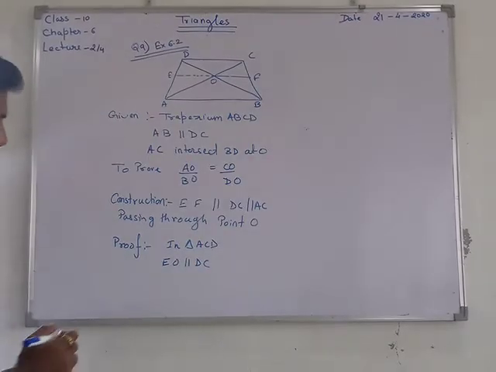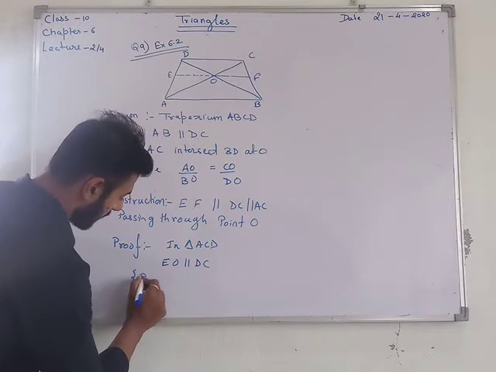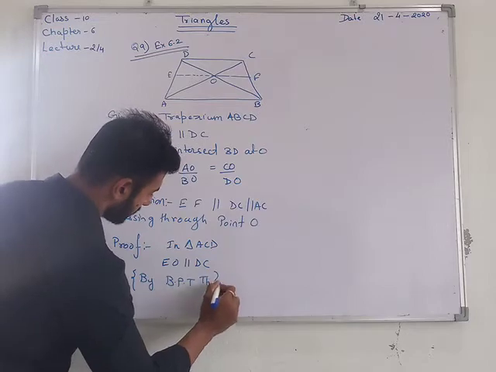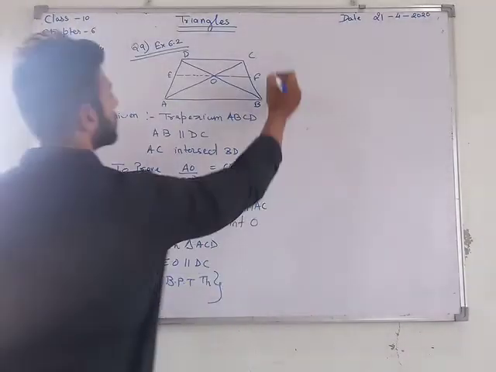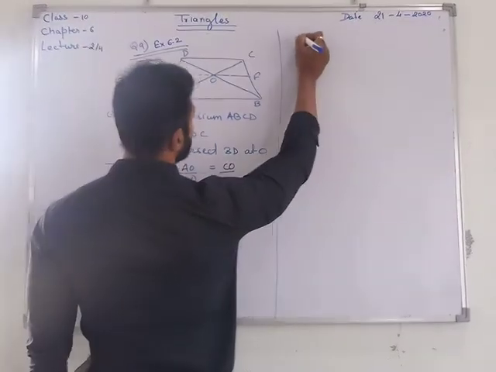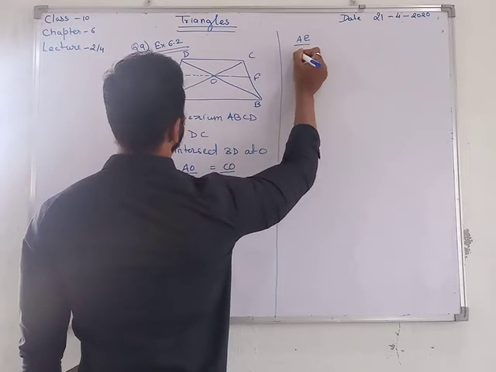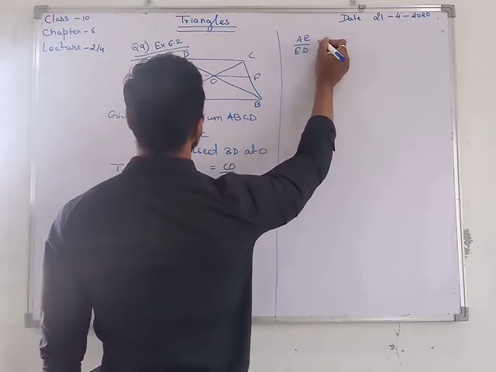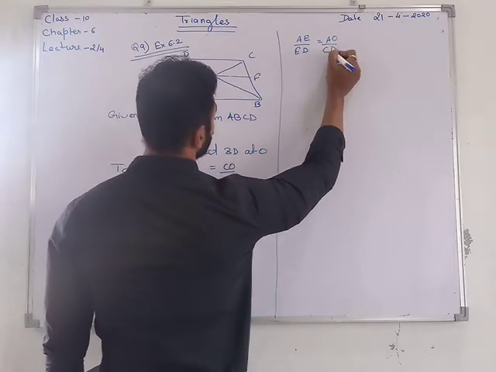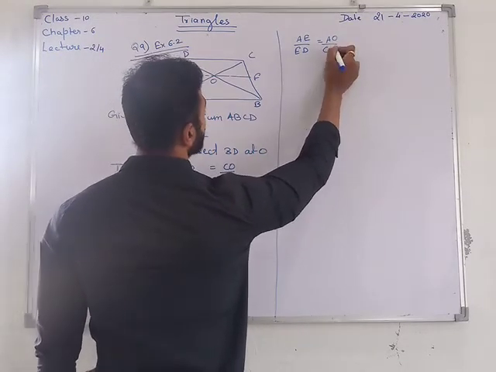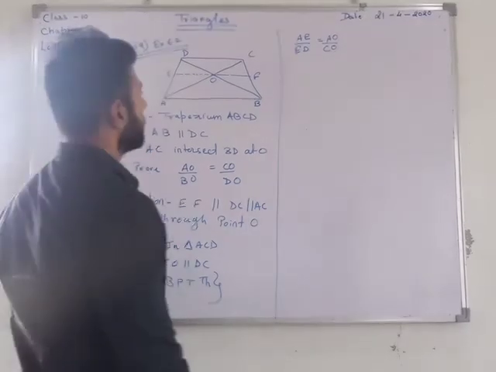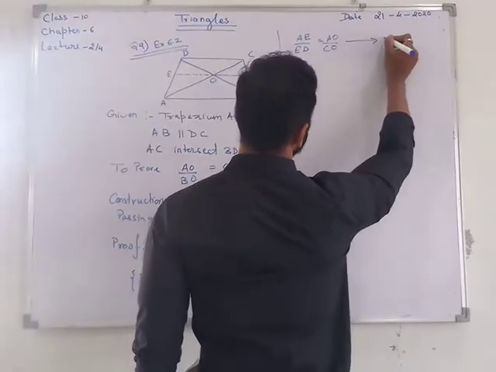So by BPT theorem, we can write that AE upon ED is equal to AO upon CO. Similarly, we are taking this as first.